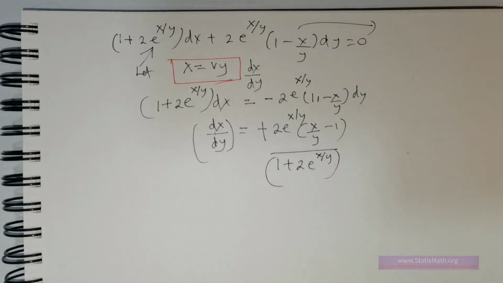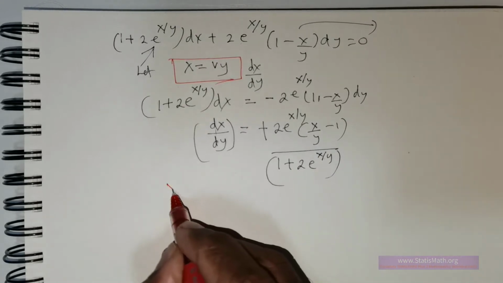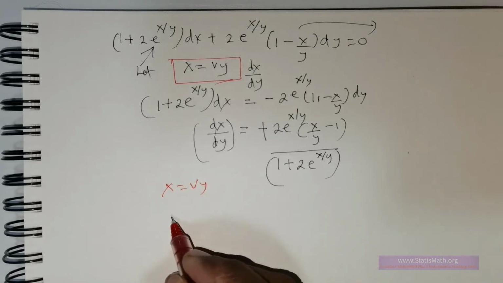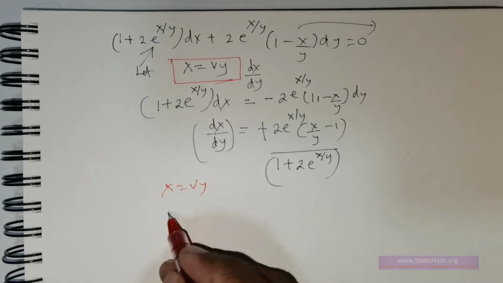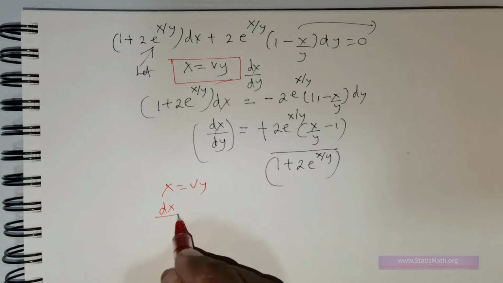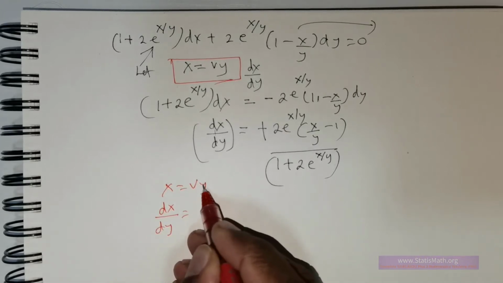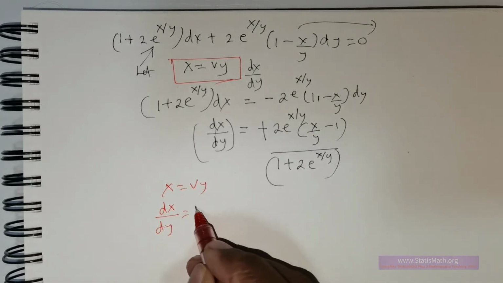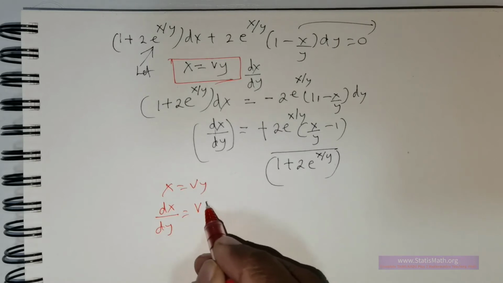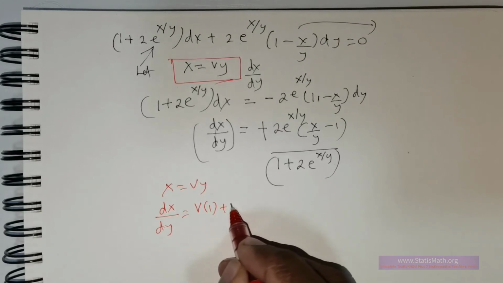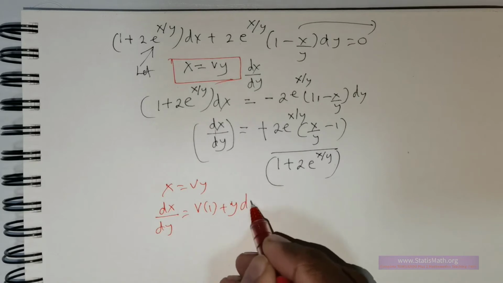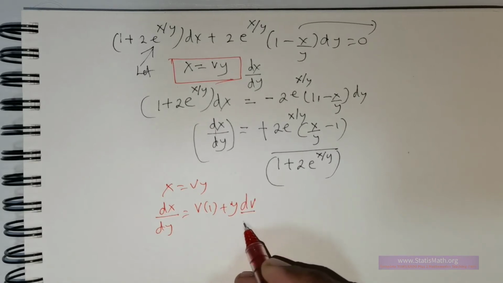Now using the substitution which I mentioned, taking x to be vy and then differentiating with reference to y, this is going to be dx over dy equal to, now y is the independent variable, so it's going to be v times the differential of y, which is 1, plus y times dv over dy.